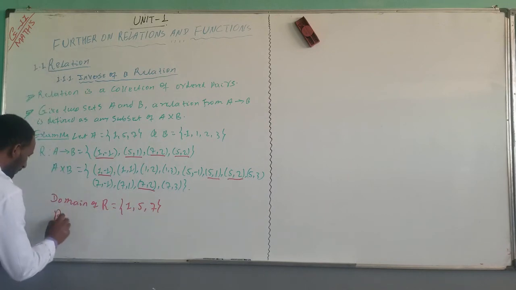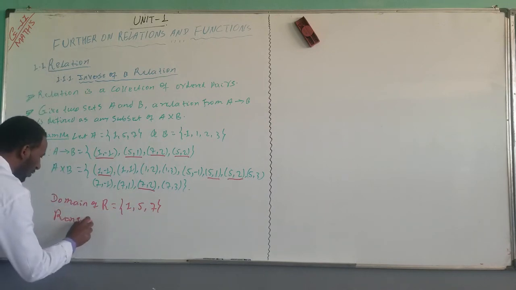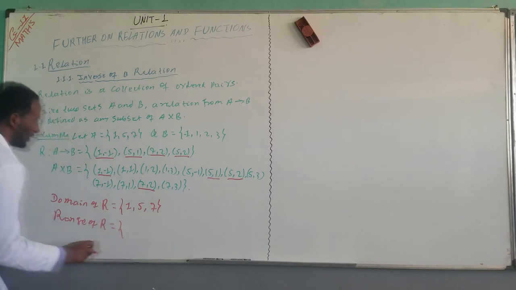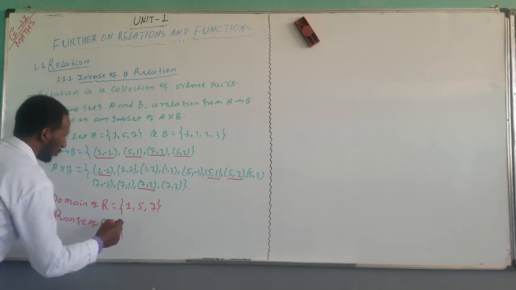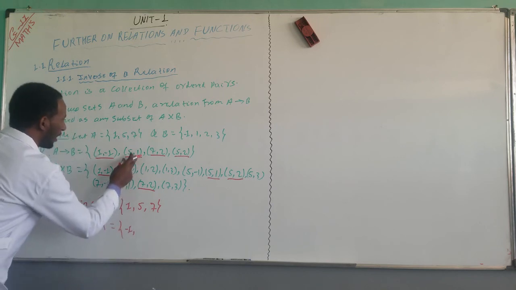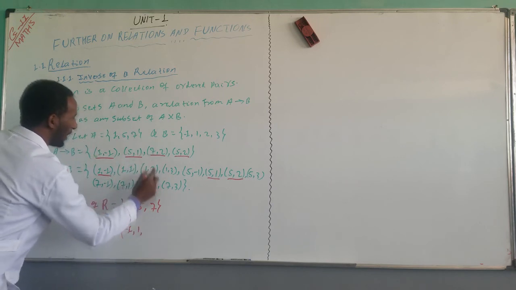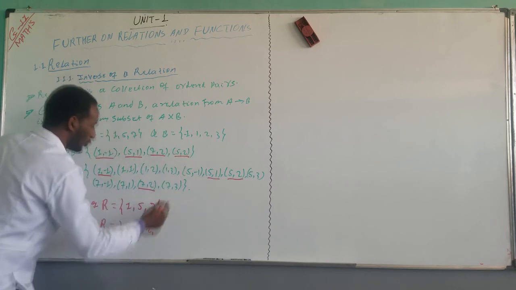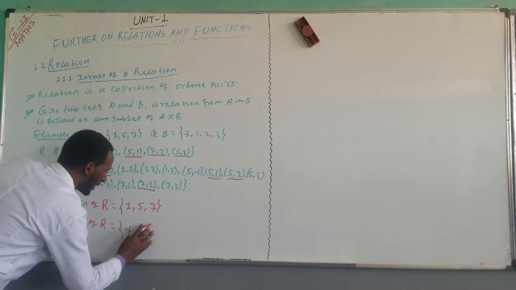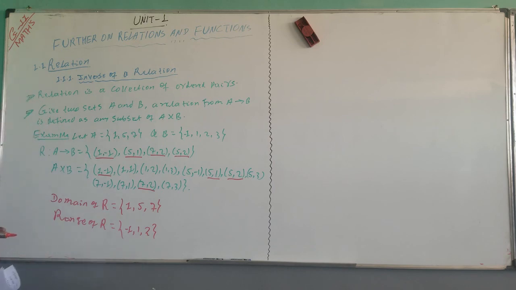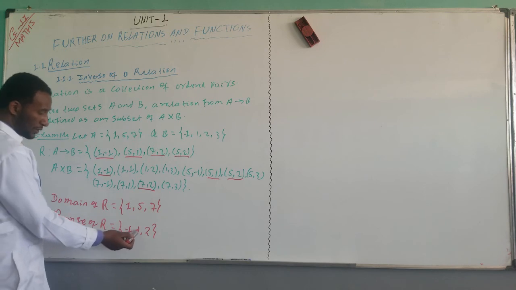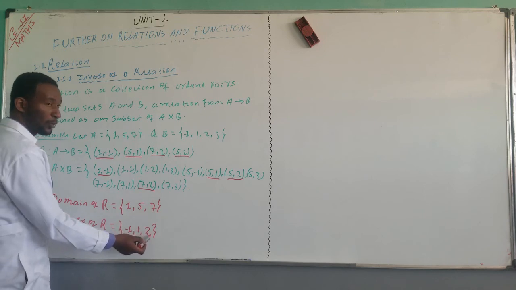Then the range of R is the set of second coordinates of the ordered pairs in relation R. That means {-1, 1, 2}. 2 comes two times, and one of them is enough, because writing -1, 1, 2 is the same.